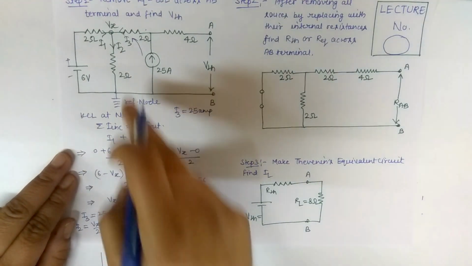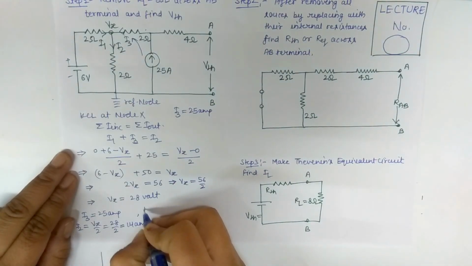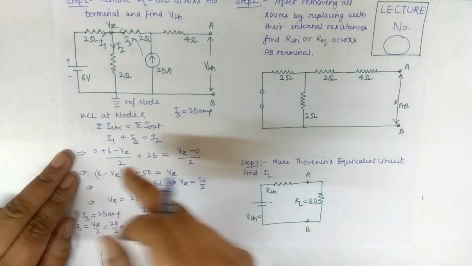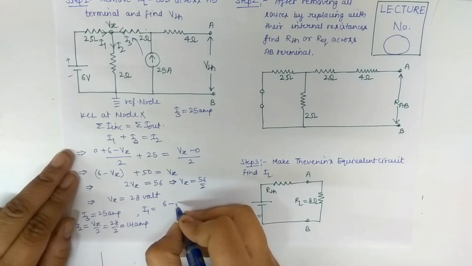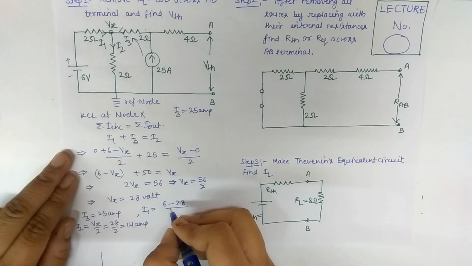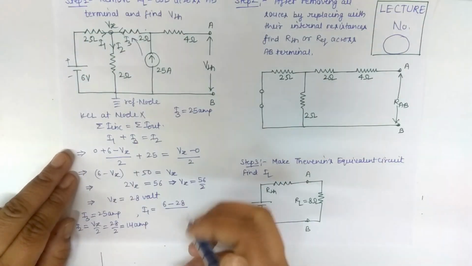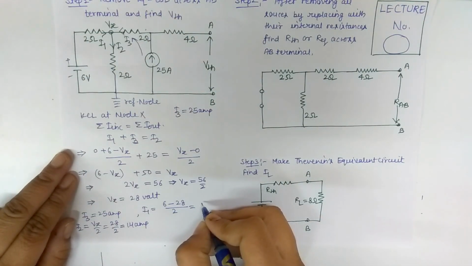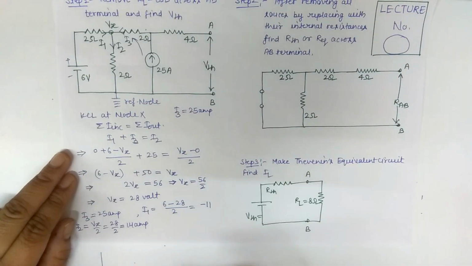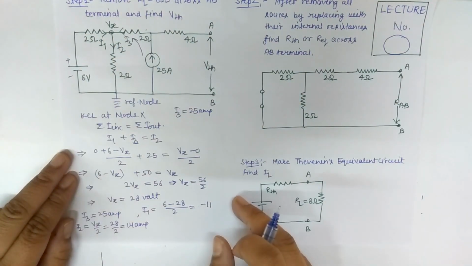And for I1, it is 6 minus Vx, 28, divided by 2. Oh sorry, this is 6 minus 28 divided by 2. So it comes to minus 11. In this way we find I1, I2 and I3.